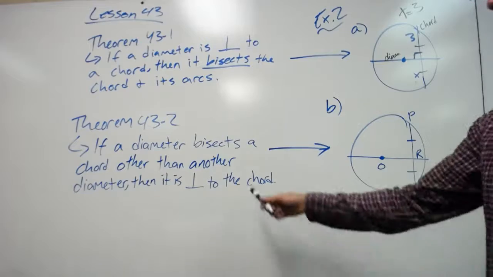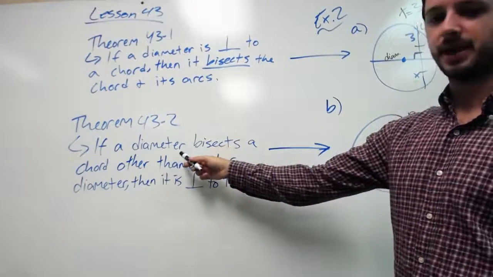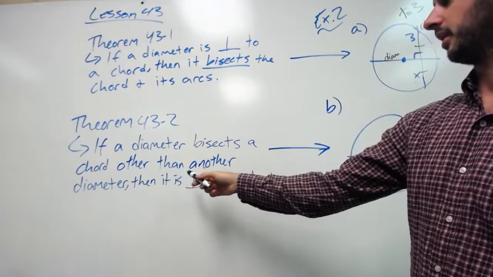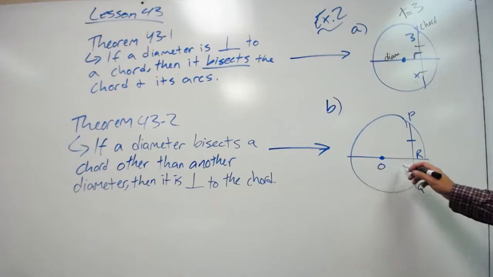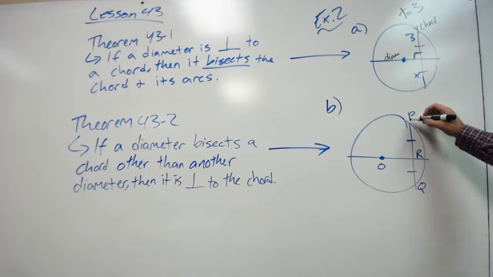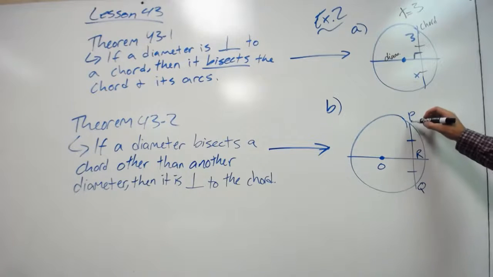Theorem 43-2 is basically the converse. It says if a diameter bisects a chord other than another diameter, then it is perpendicular to the chord. So here we have a diameter bisecting a chord. It is not another diameter. We're intersecting a chord.